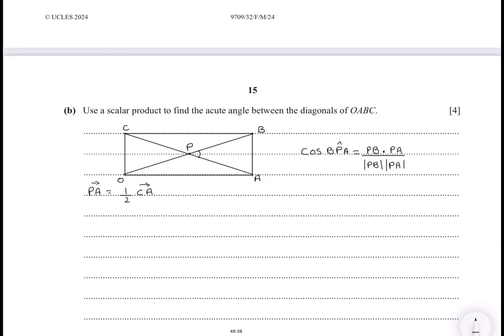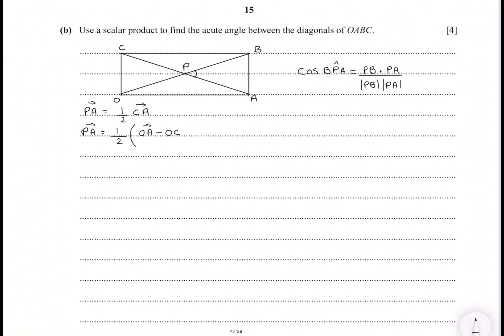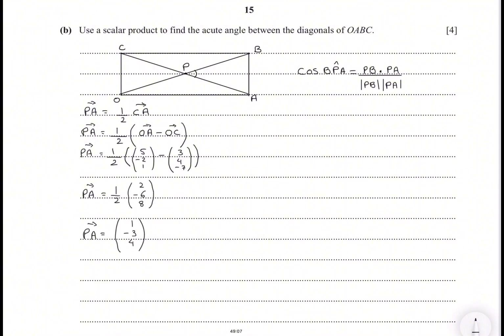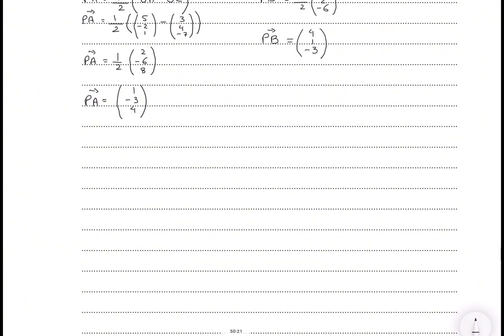So PA is half of CA, which is OA minus OC. So OA is 5, 2, 1. OC is 3, 4, 7. Solve it. You get PA equals 1, negative 3, 4. So PB is half of OB, which is 8, 2, 6. Solve it and you get PB is equal to 4, 1, 3.